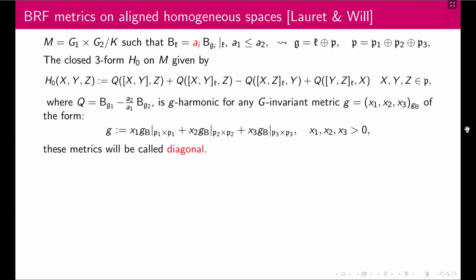Here, Lauret and Will proved that the closed three-form H0 given by this equation, here Q is a bi-invariant symmetric bilinear form given by this. Here A2 and A1 are these constants relative to the Killing forms.